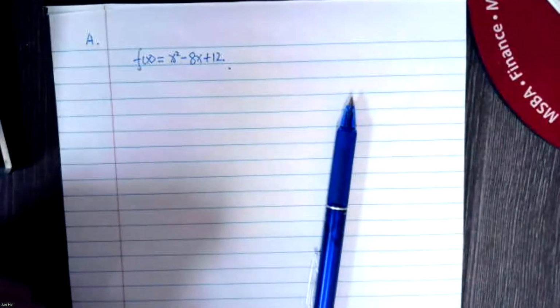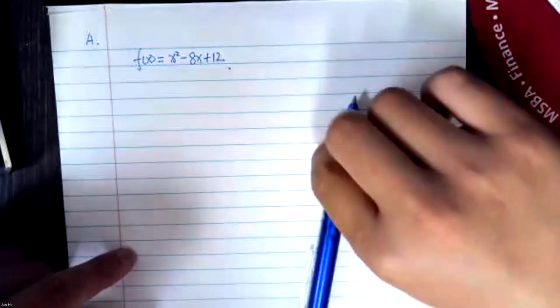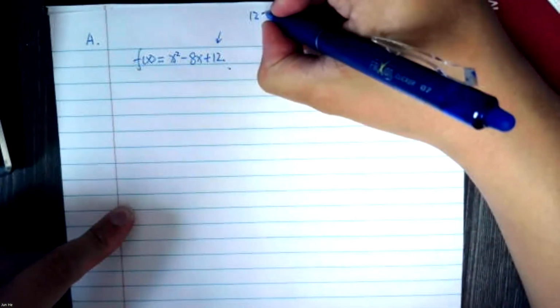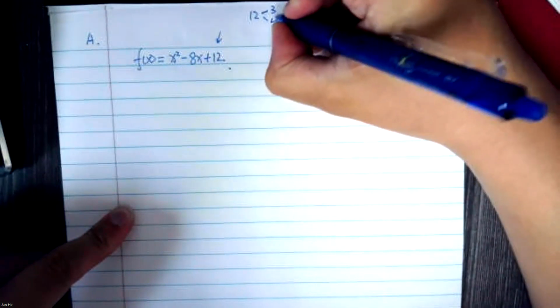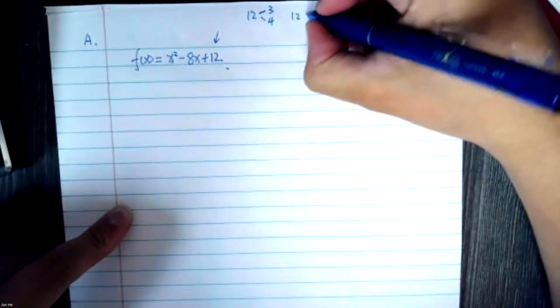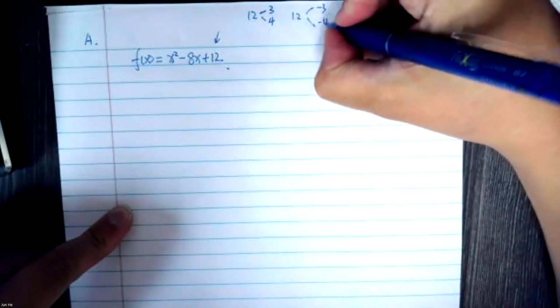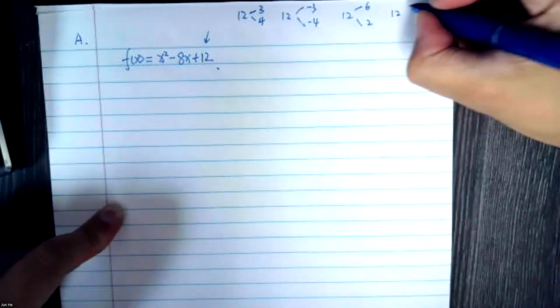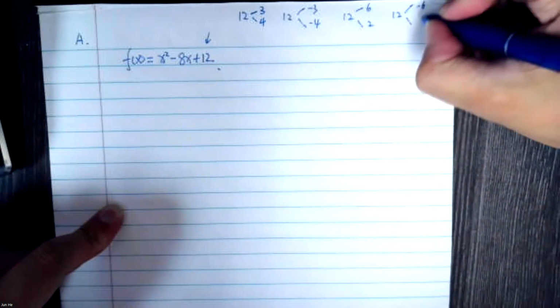If you are to FOIL it, you look into 12, and 12 could be 3 by 4, minus 3 by minus 4, 6 by 2, or minus 6 by minus 2.